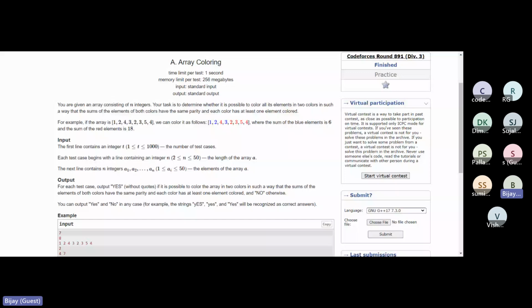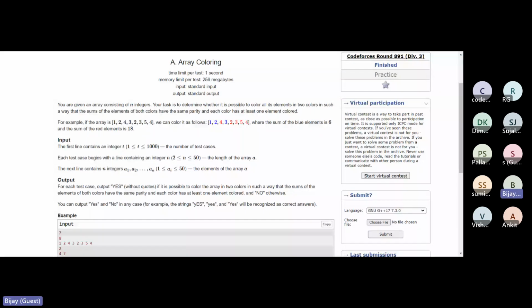In the given example, we color the array with blue and red. The blue part and red part should have the same parity, so either the sum of blue and the sum of red should both be even, or both should be odd.